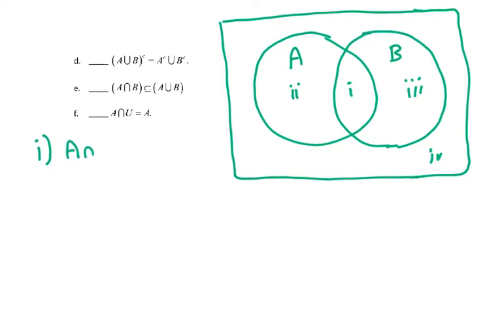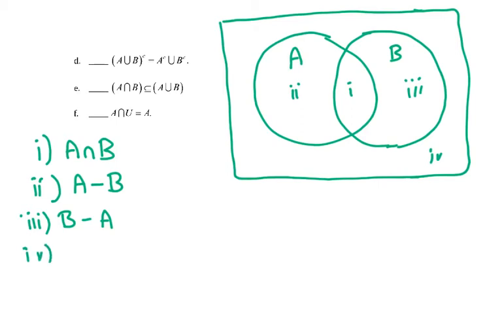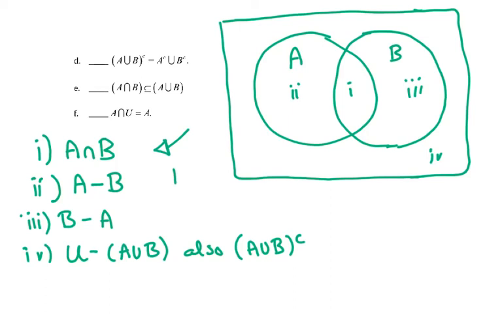Well, that's A intersect B. The region in number 2, that's A minus B. The region in number 3 is B minus A. And the region in number 4, well, you can describe it in several ways, but I'm going to say it's U minus A union B. It's also the complement of the union, but these are all what we call disjoint.